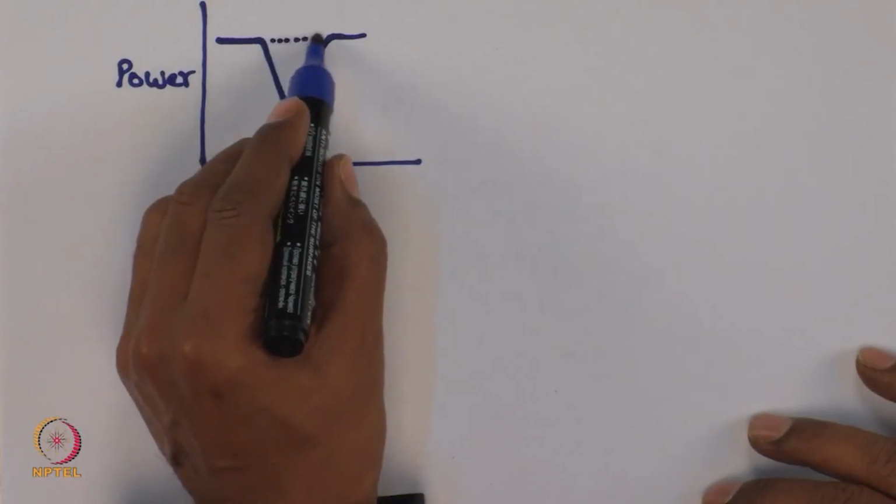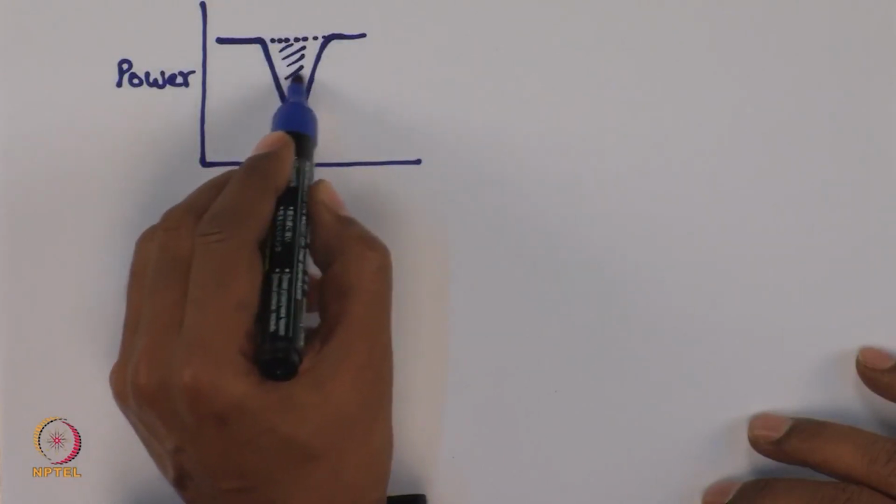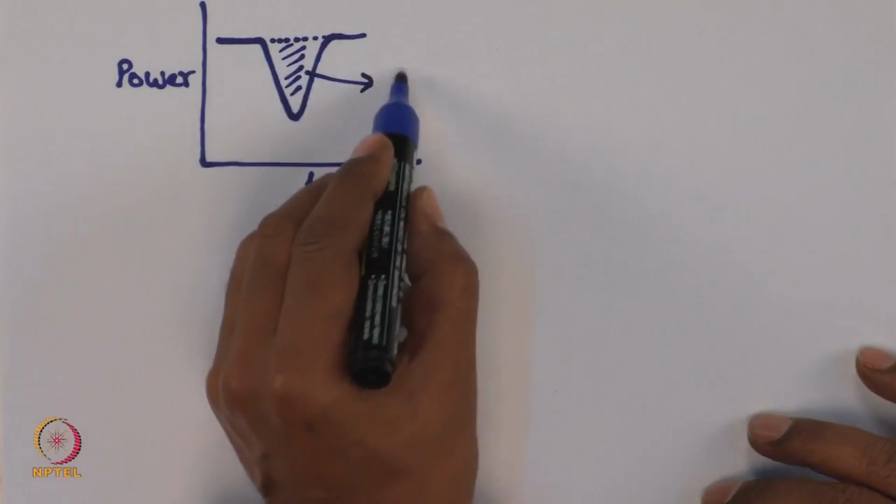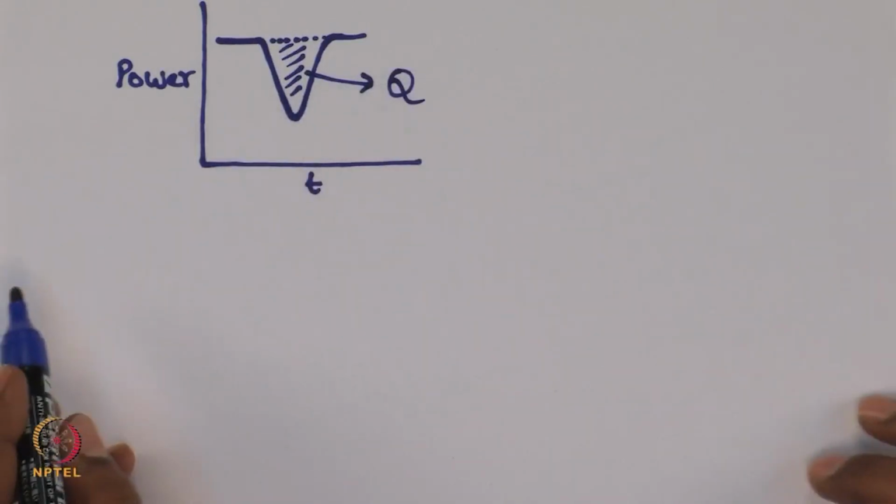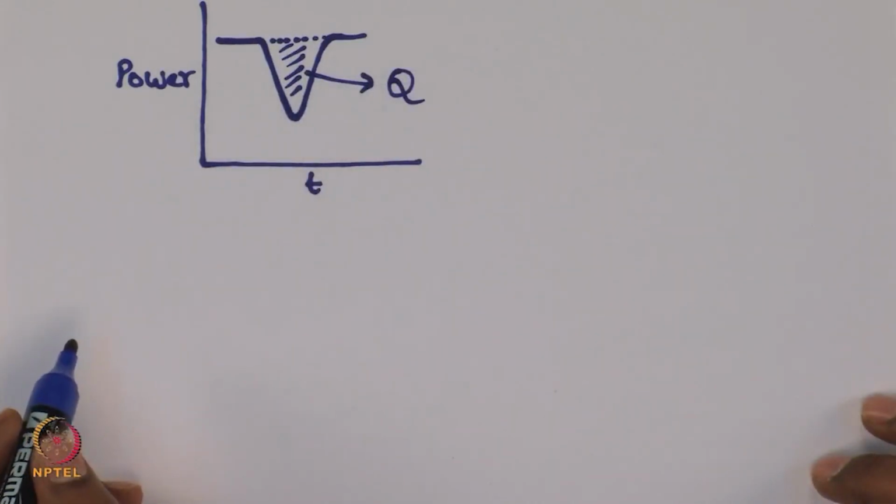And we know that this area is Q, the amount of heat absorbed or amount of heat evolved.